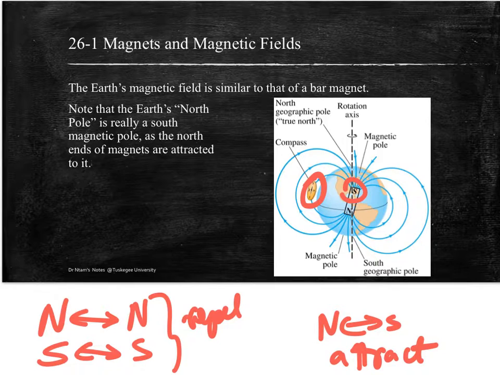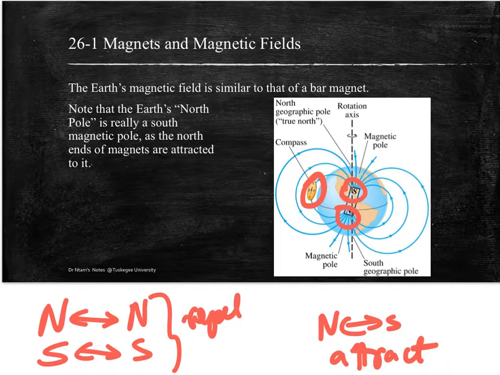So basically what you call north, according to the compass, is actually the south magnetic pole. And what you call south is actually the north magnetic pole, because the north pole of the compass is attracted to the south pole of the Earth.